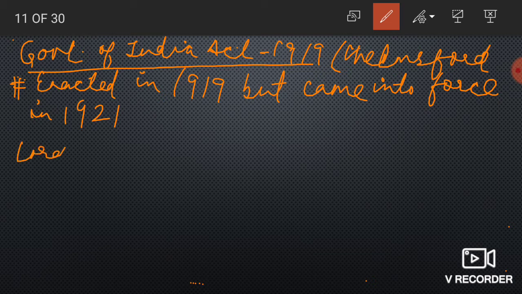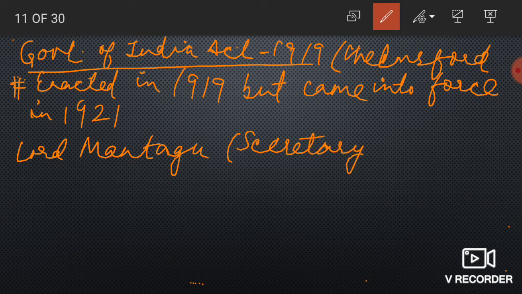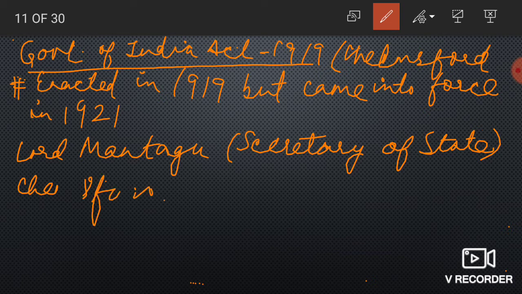Because Lord Montagu was the Secretary of State and Chelmsford was the Viceroy of that time. So that reform is known as the Montagu-Chelmsford Reform.